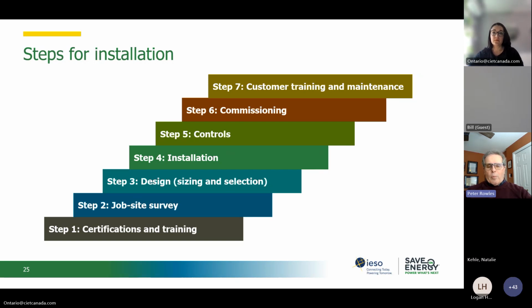Numerous studies show that properly maintained systems enjoy longer lifespans, and that leads to reducing the overall life cycle cost of the product. For contractors, it's good practice, but also an opportunity to sell ongoing services to the customer.